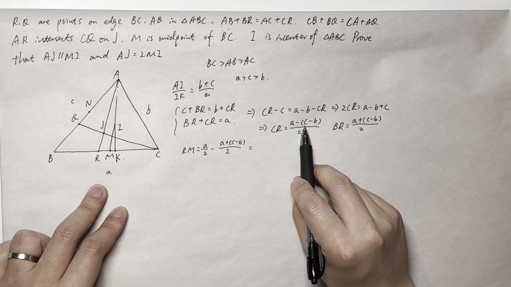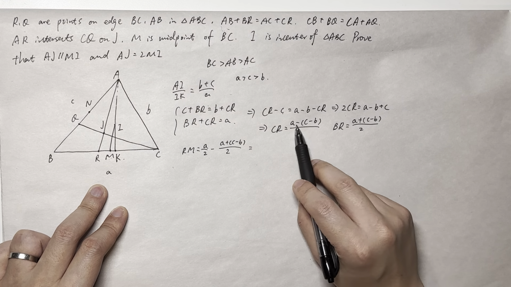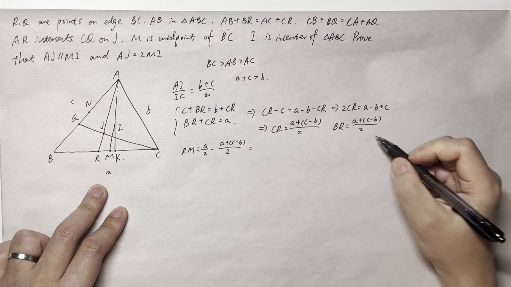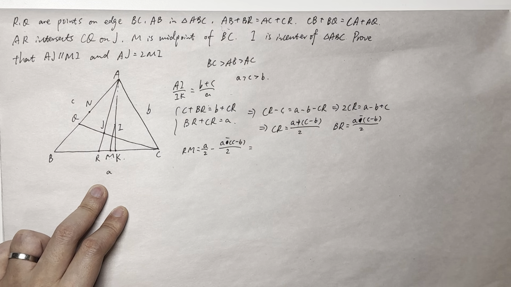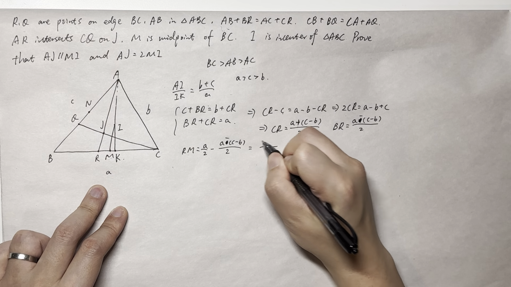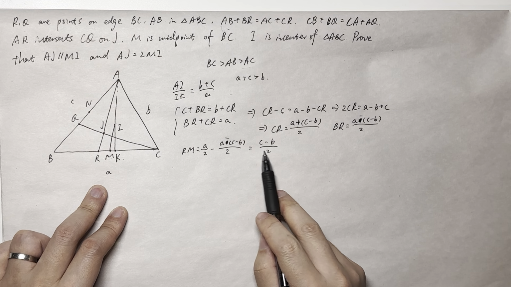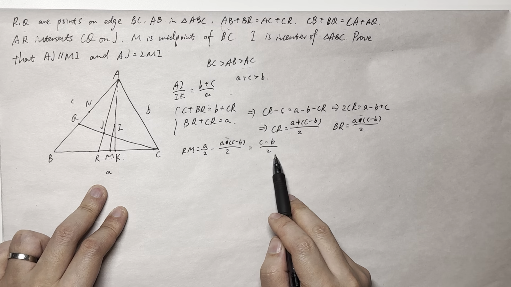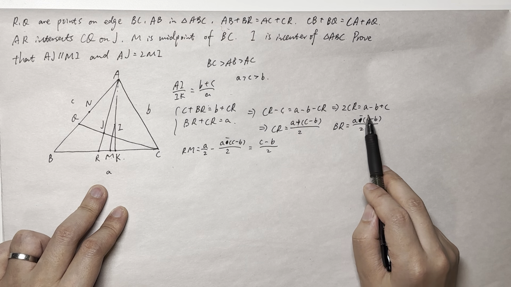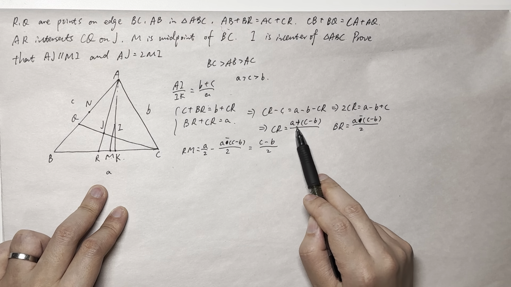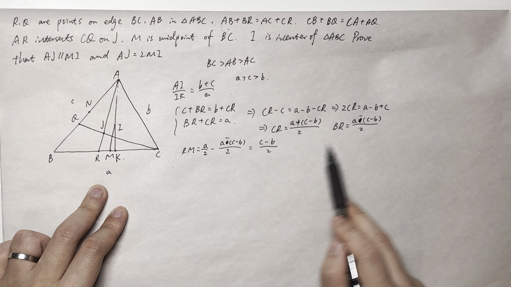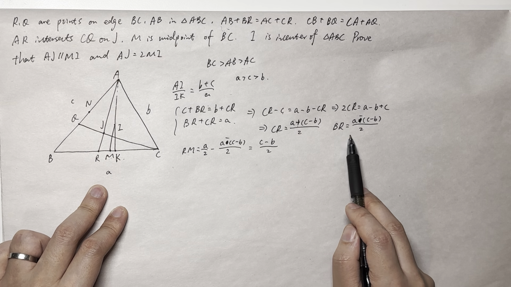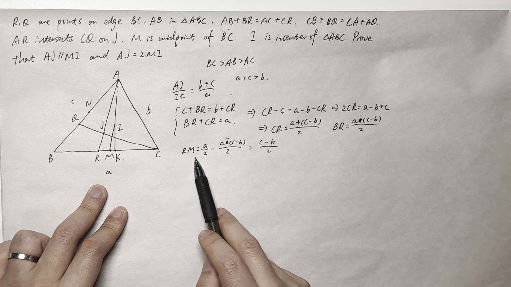This is minus, this should be plus, right? And here should be minus. This should be minus. Sorry about that. So that should be half of C minus B divided by 2, right? I made a mistake here. So A should plus C minus B, right? That's CR, and here is BR. And then we calculate for the RM.